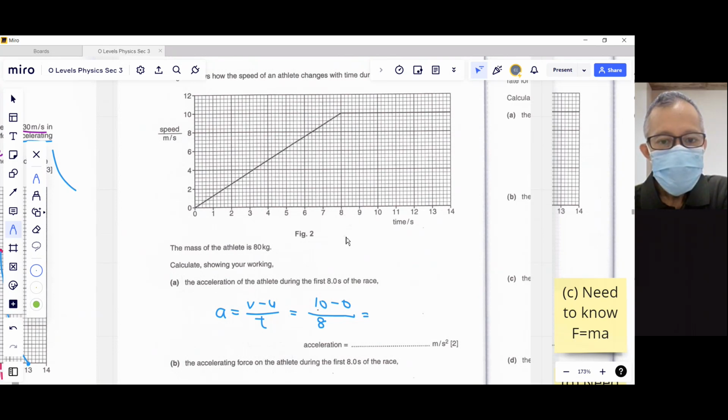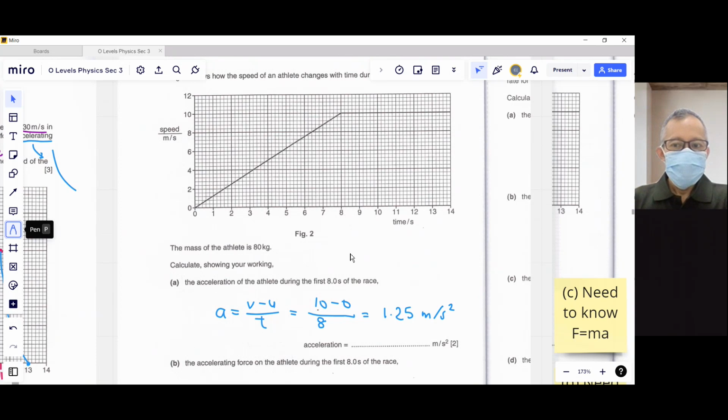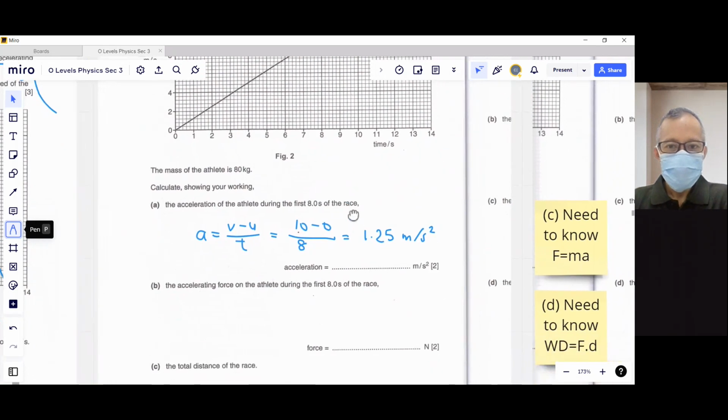When it's calculating, 1.25. Yes, yes, that costs you your marks. Please don't be careless. Fujin, follow as well.